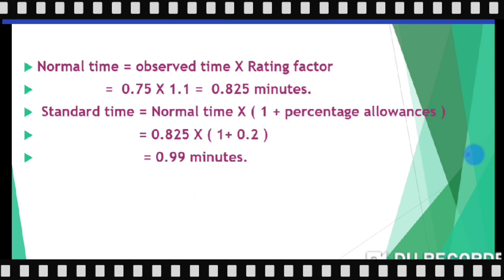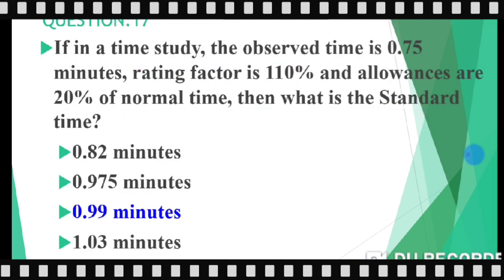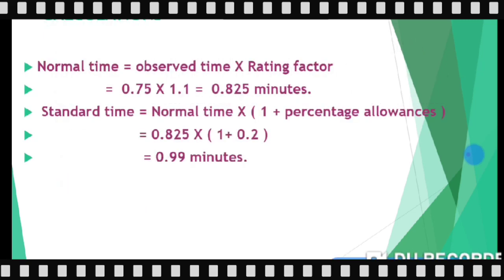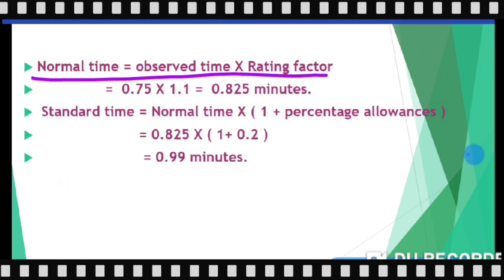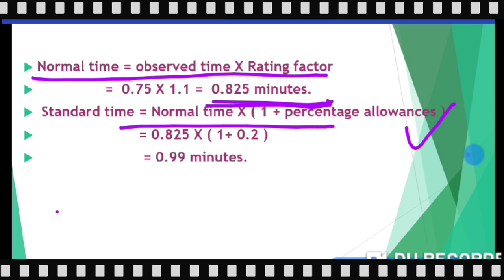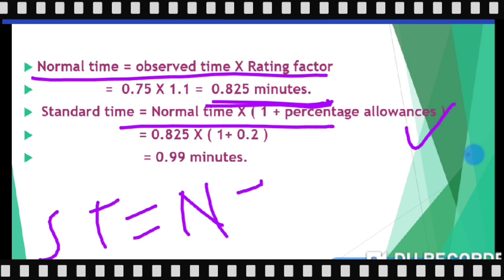This is a very simple question. We need to just keep in mind these two formulas. Normal time is just observed time into rating factor. Observed time is given to us, rating factor is given to us, we can just multiply both of them and we will get normal time. And standard time equals normal time plus allowances.